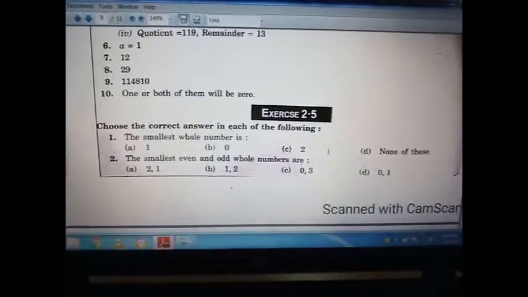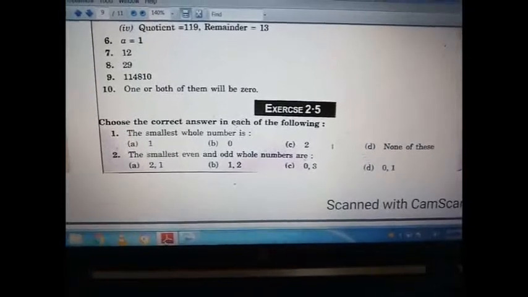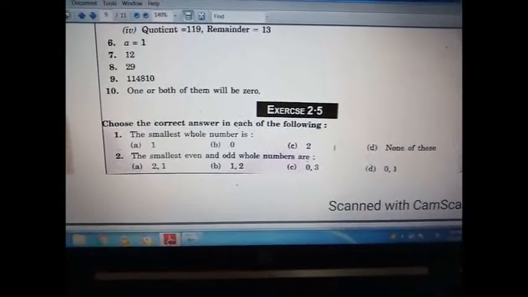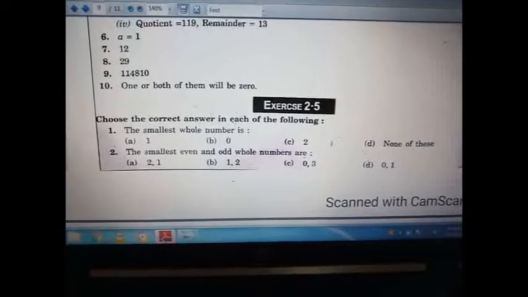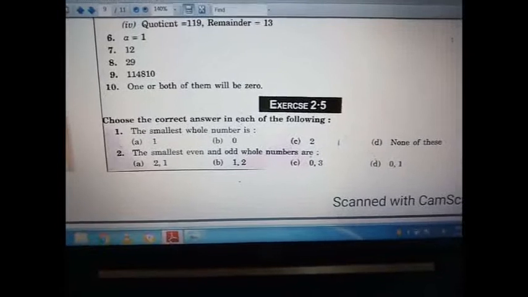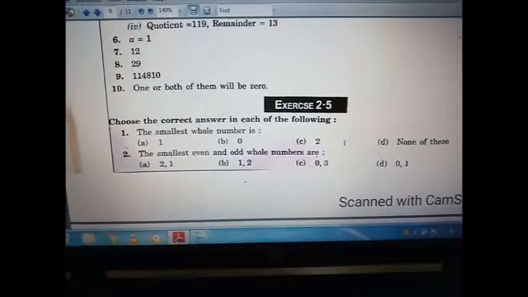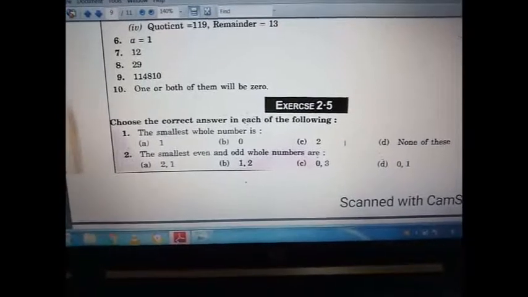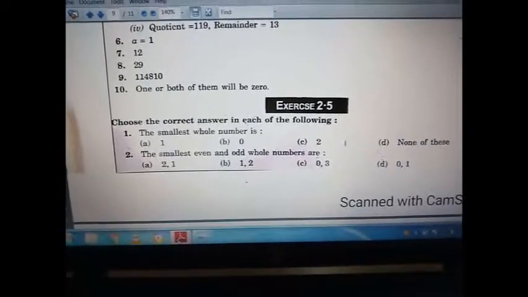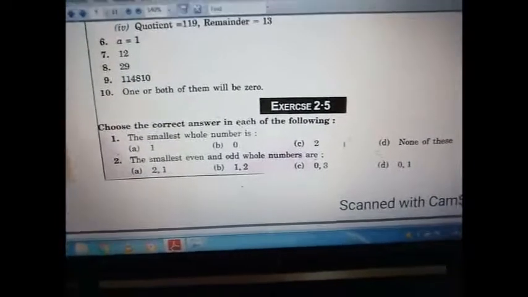Now you can see that the first option is 2 and 1, the second one is 1 and 2, the third one is 0 and 3, and the fourth one is 0 and 1. The first one is asking about the smallest even, so you can say that 0 will be the smallest even, and for the odd, the smallest odd whole number is 1.